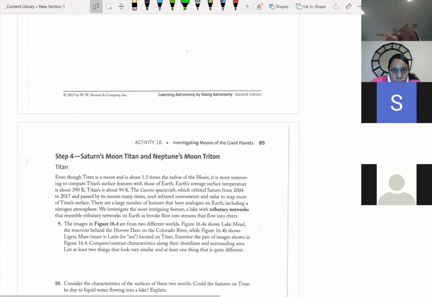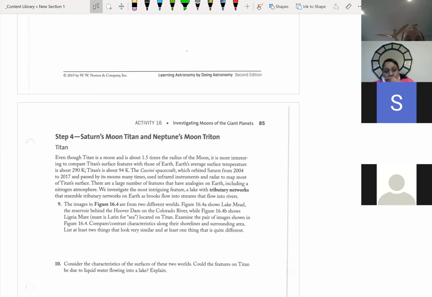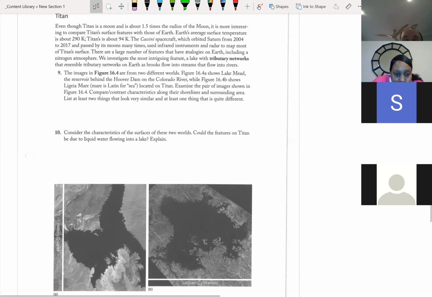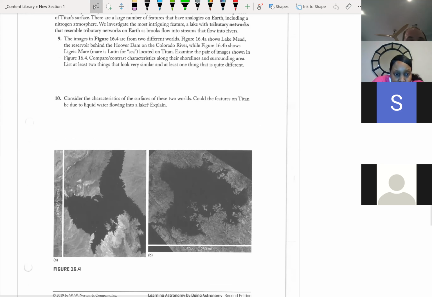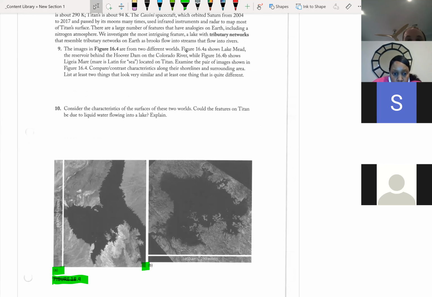This is Saturn's moon and Neptune's moon, Titan and Triton, okay? Again, a lot of this is just comparing. Now, when we go to this figure here, 16.4, you've got 2 pictures, A and B. Make sure you realize that picture A is Lake Mead, behind the Hoover Dam on the Colorado River, while picture 16B is on Titan.